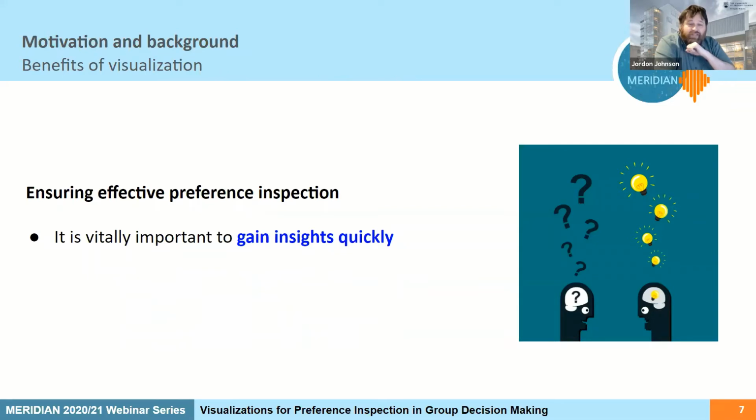So, in order to ensure that this process of preference inspection is effective, it is vitally important to gain insights quickly. We don't want to be spending a whole lot of time trying to figure out which hotel Jordon likes best. We should be able to make it quite obvious, so that we can get into the more meaty stuff of discussing the preferences and the underlying reasoning.